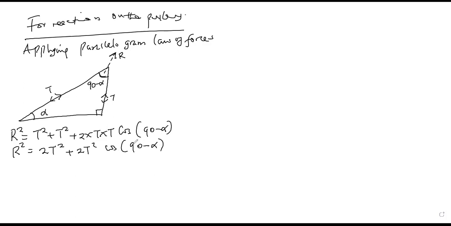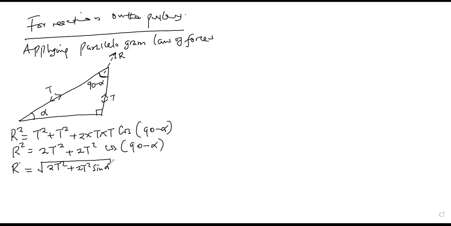But we know cos 90 minus alpha is the same as cos 90 cos alpha plus sin 90 sin alpha. Remember, sin 90 is 1, but cos 90 is 0. So R squared is 2T squared plus 2T squared sin alpha.